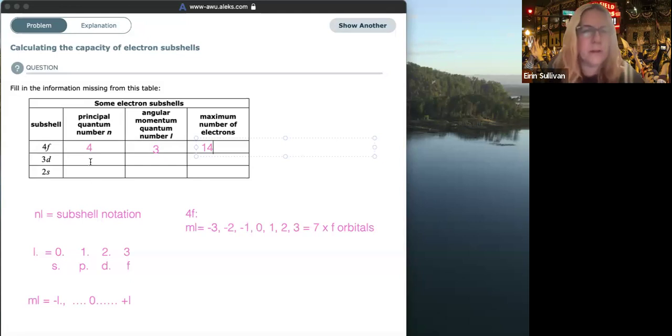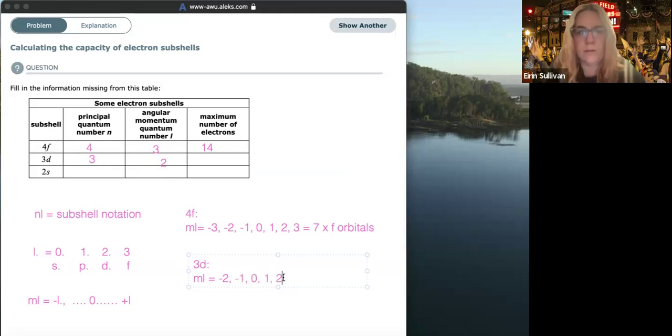All right, so going on to the 3d, n equals 3. Subshell designation d tells us that l must equal 2. So then you can work out your values of ml. For the 3d, ml can go between minus l and plus l, so that's minus 2, minus 1, 0, 1, 2.